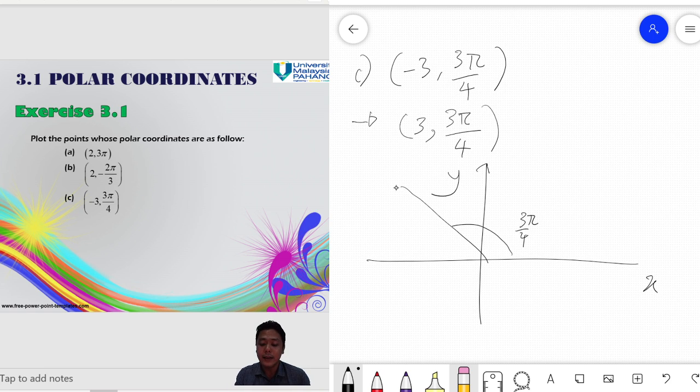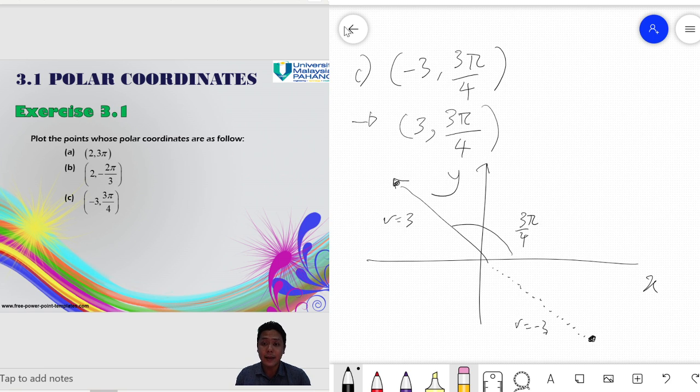However, this is the point represented by positive 3, r equals to 3. So the actual point of this question is negative 3, so it will be the other side. Here. Okay, so this will be r equals to negative 3.